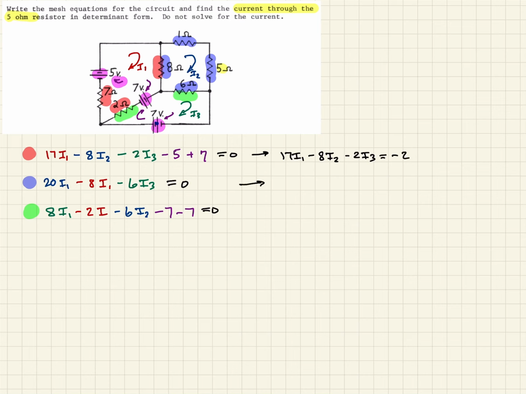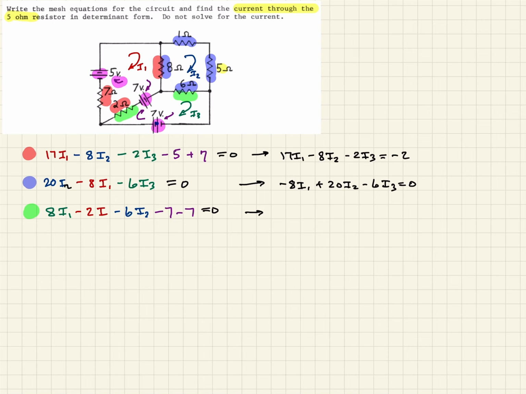For this one, we're going to have -8I1 plus 20I2. Oh, that should be a 2 right there. And then -6I3, and that's all going to be equal to 0.